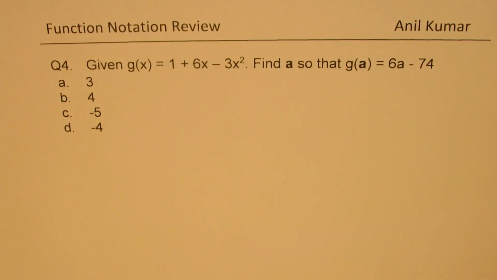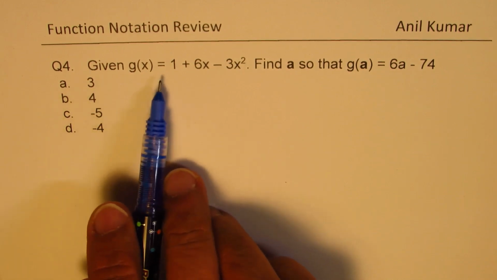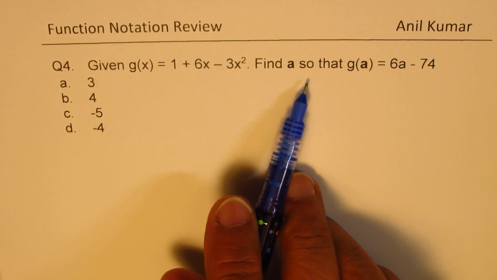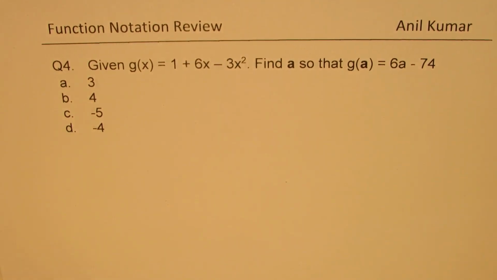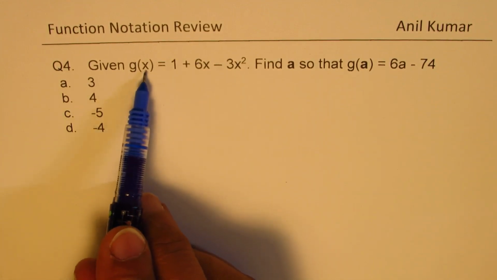Now, we have some interesting questions coming up. Question number 4. I'd like you to pause the video, answer this question, and then look into my suggestions. Question number 4 is, given g of x equals 1 plus 6x minus 3x squared, find a, so that g of a equals 6a minus 74. Well, g of x and g of a really means that you substitute a here.